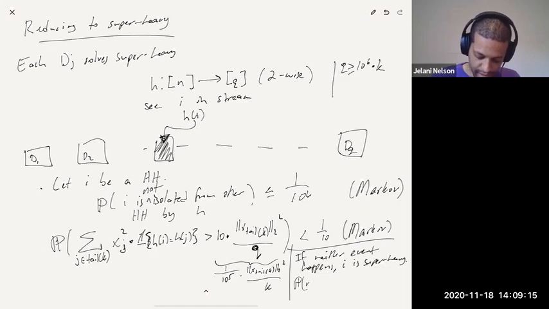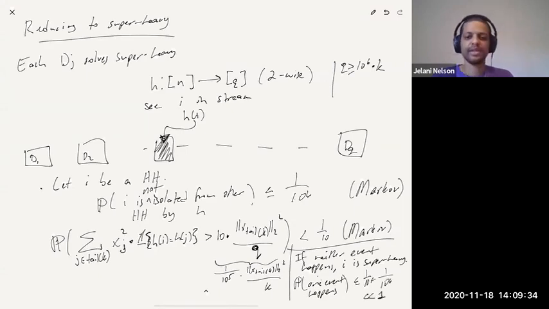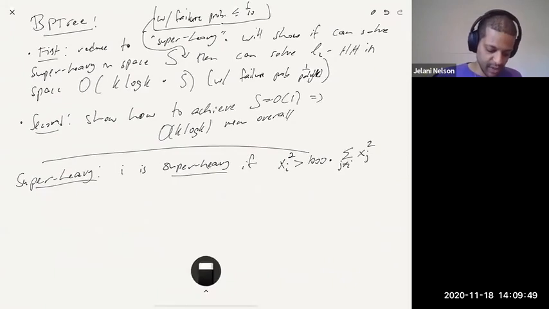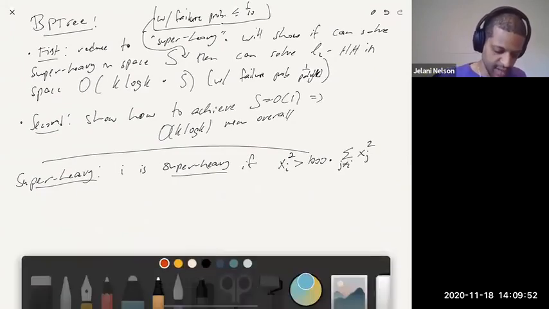And the probability that one of them does happen is at most 1 over 10 plus 1 over 10 to the sixth, which is much less than 1, right? So that means with probability pretty close to 1, any fixed heavy hitter will be super heavy in his bucket. And if he's super heavy in his bucket, you will find him with probability 99% because your failure probability over here is at most 1 over 10.